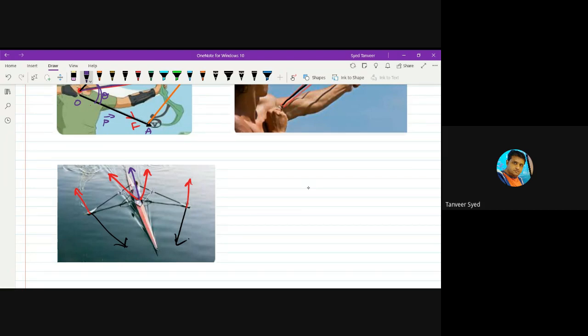Flying of birds. When birds fly, they push air back with their wings, and air pushes them forward. It happens in the same way.